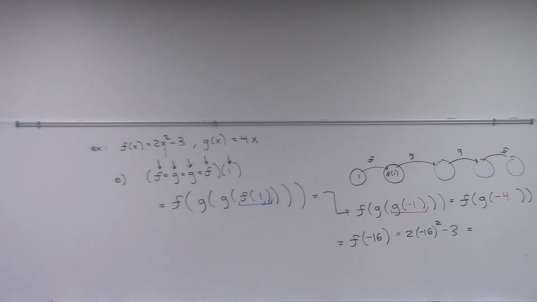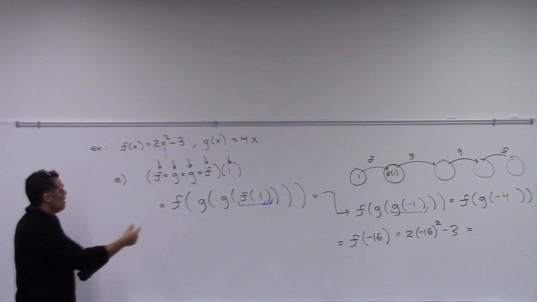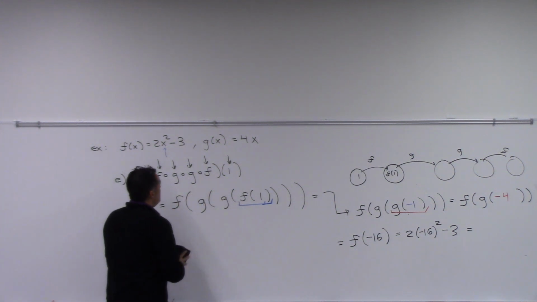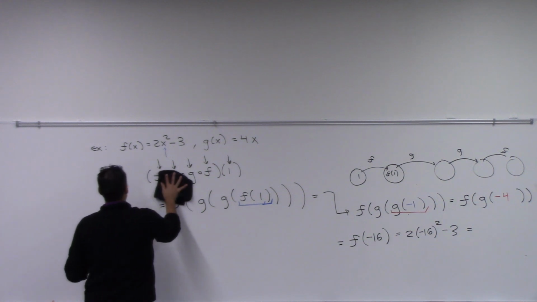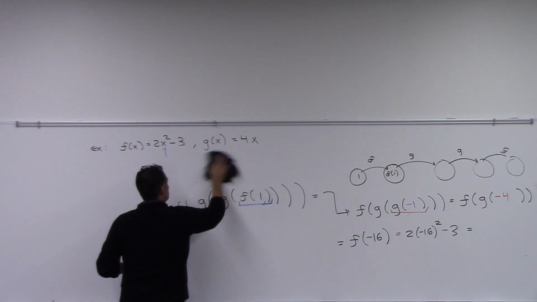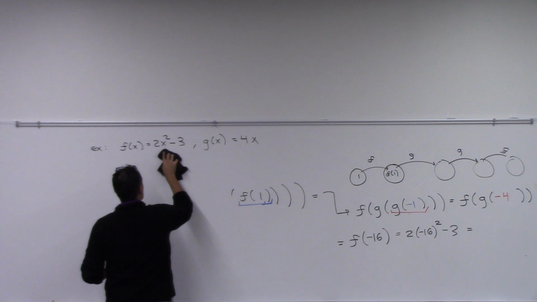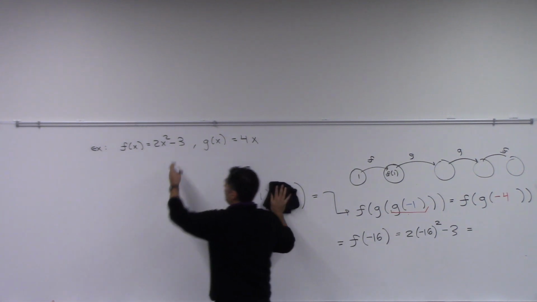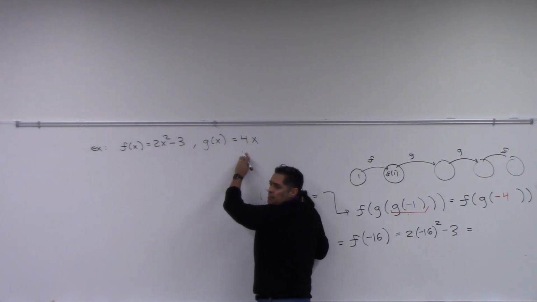Now, we have to continue with this concept. All I've done right now is tried to show you what composition looks like when you plug in a number. I've been plugging numbers in. But is there a way that we can compose these functions without plugging in a number? Like if I ask you to add these 2 functions together, could you add them?